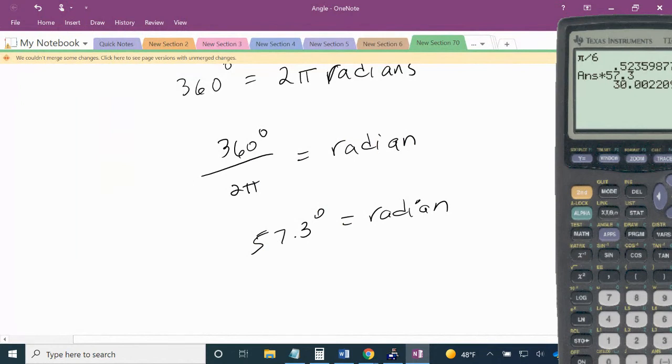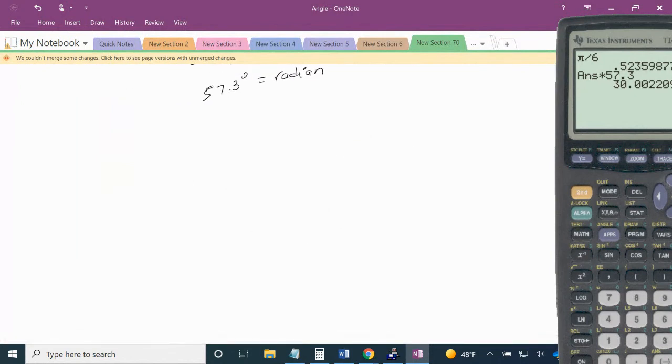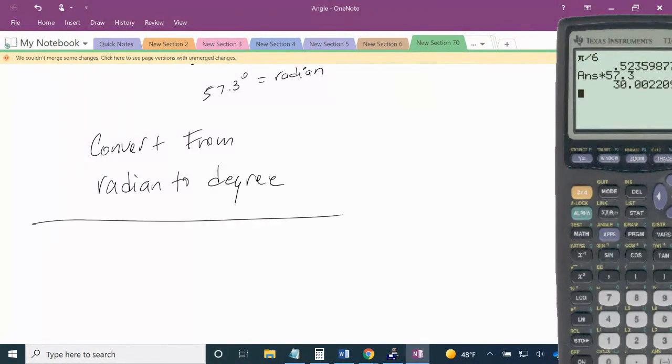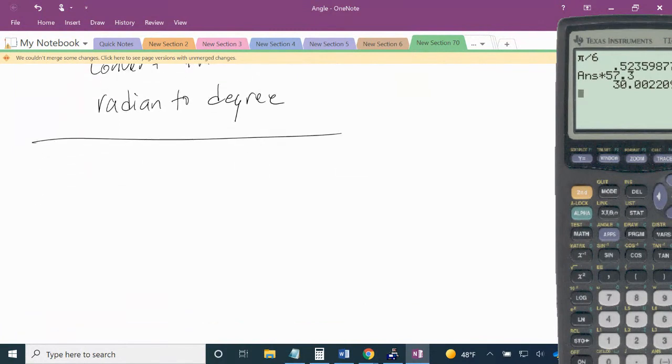So here is the math on how to do so. If we want to convert from radians to degrees, we simply multiply by 180 degrees divided by pi.